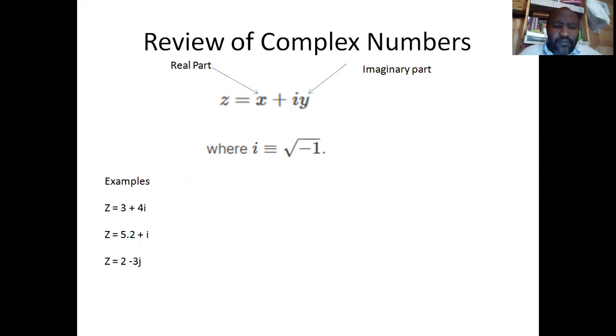So if you are given a complex number, you need to identify both the real part and the imaginary part.